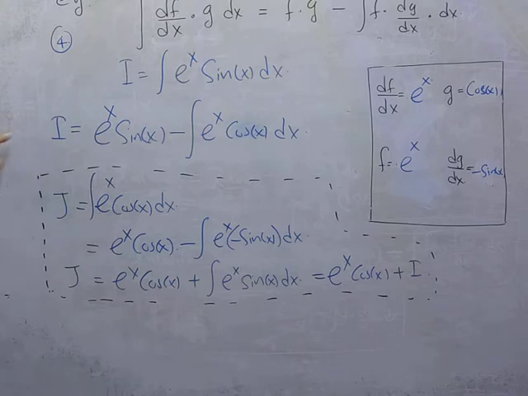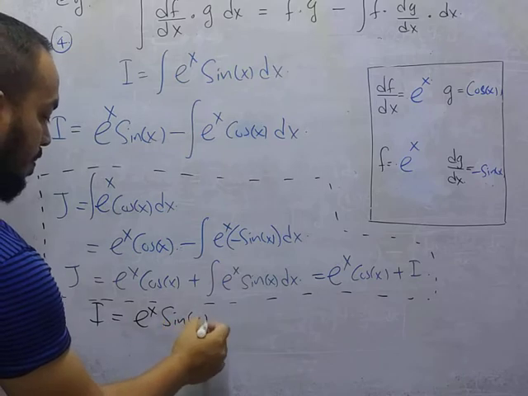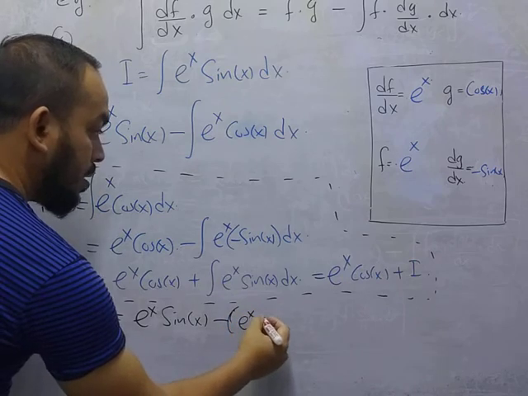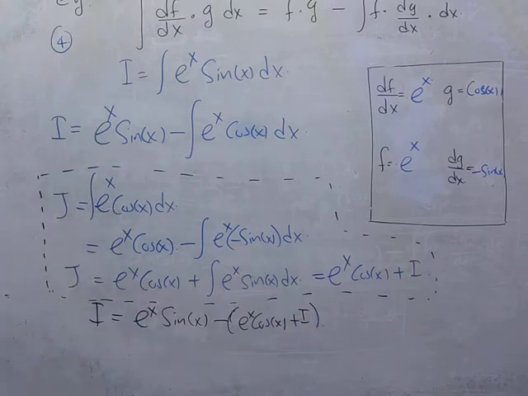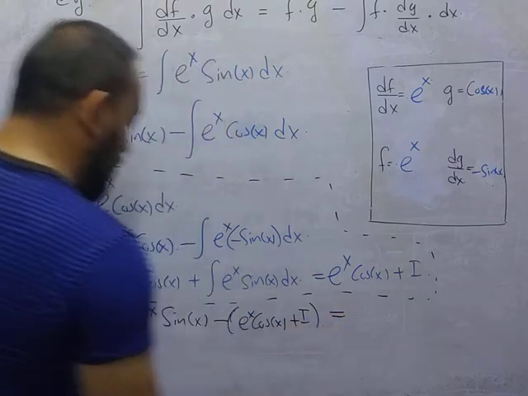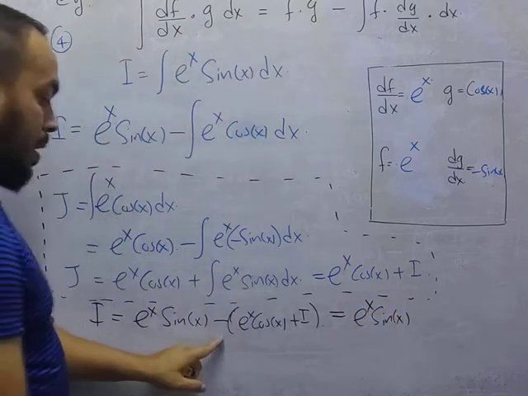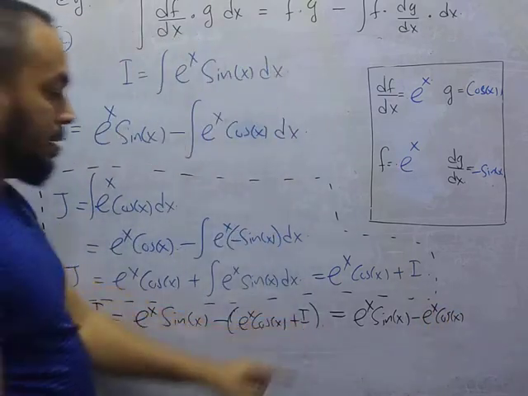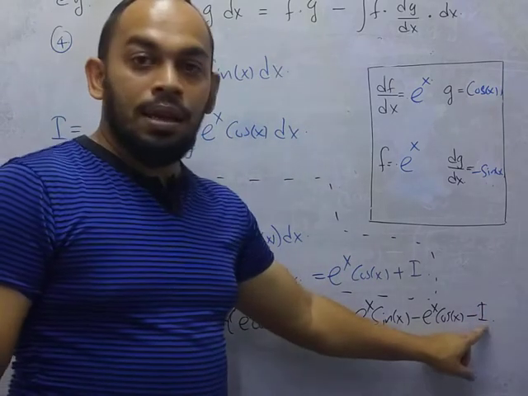So now I is equal to e^x sin x minus this guy, e^x cos x plus I. So this is equal to e^x sin x minus e^x cos x minus I. This will be minus I. Now you can see that I is on the left hand side, and there's an I on the right hand side.